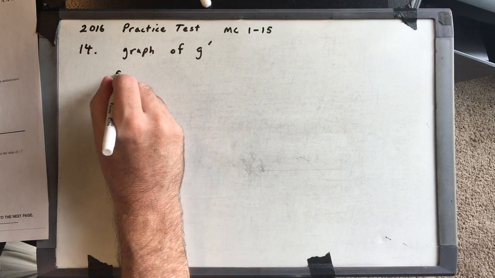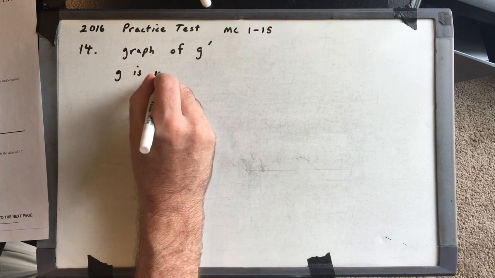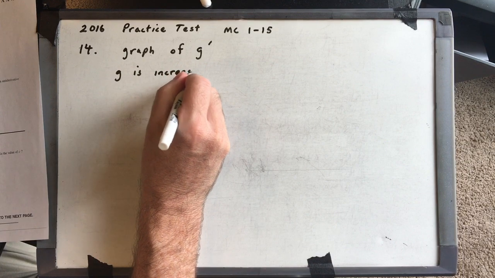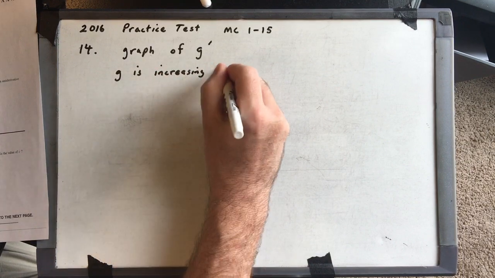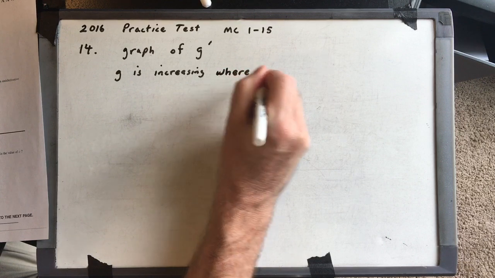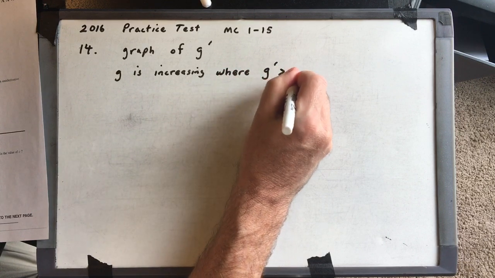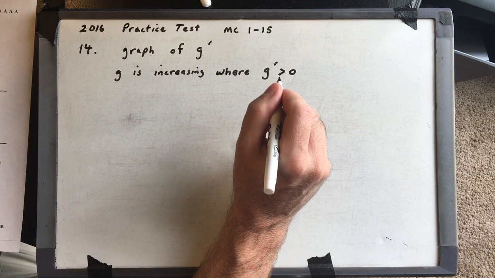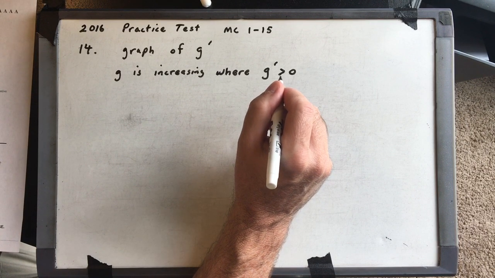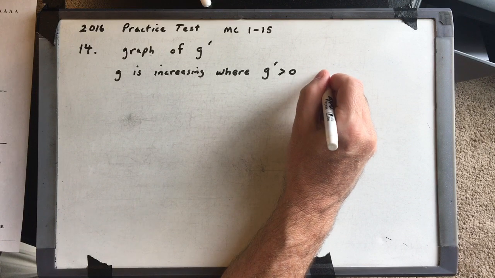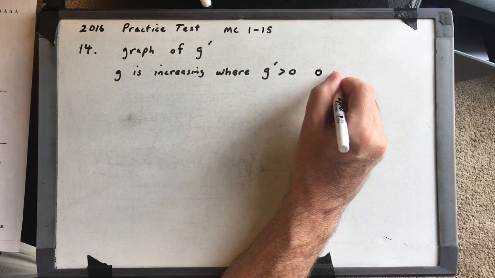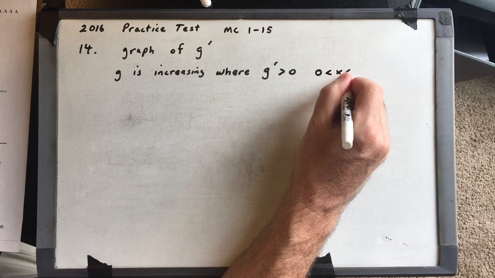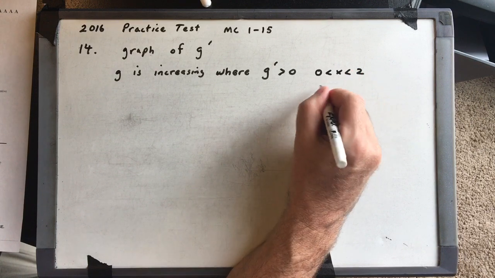Well, we know that g is increasing where g prime is greater than 0. So where's that? That's going to be from 0 to 2, and from 5 to 6.